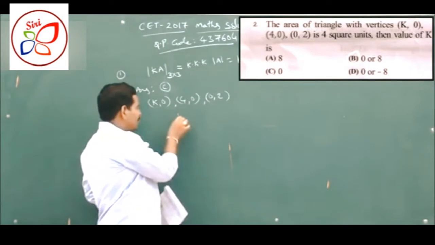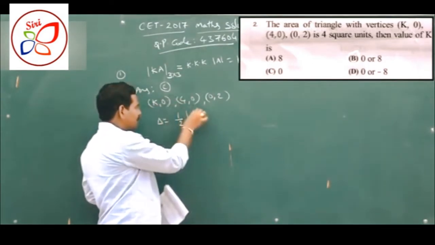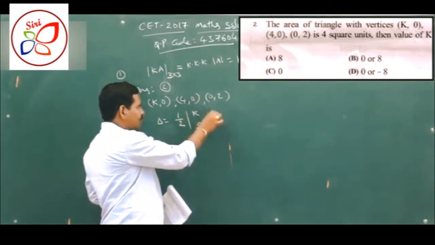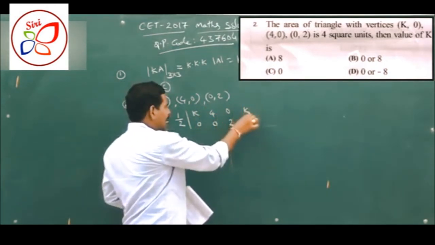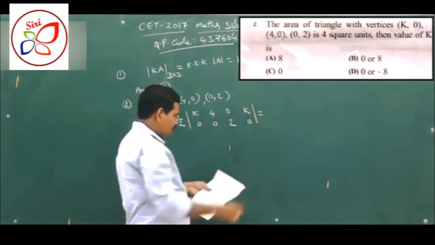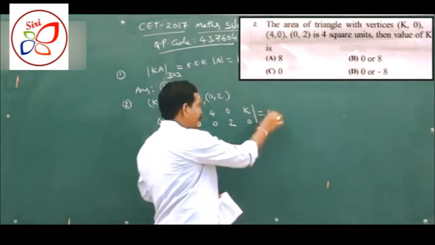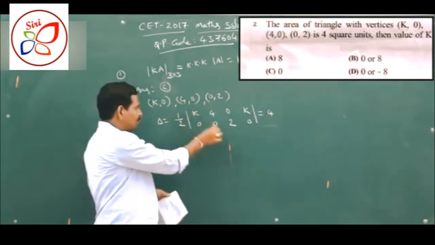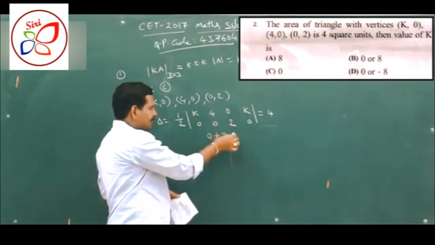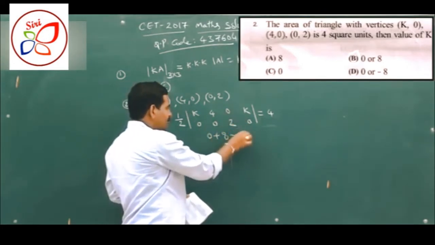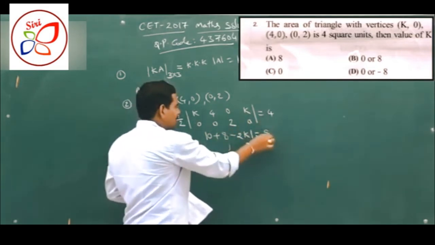So area of triangle formula, delta is equal to half of the determinant x1 y1 1, x2 y2 1, x3 y3 1. 4 given. So cross multiplication, first one is 0, second one is 8, third one is minus 2k is equal to 2 4s are 8.